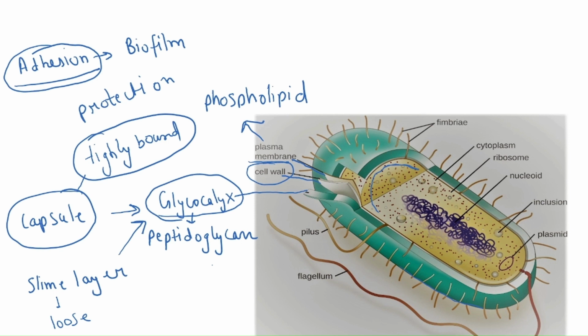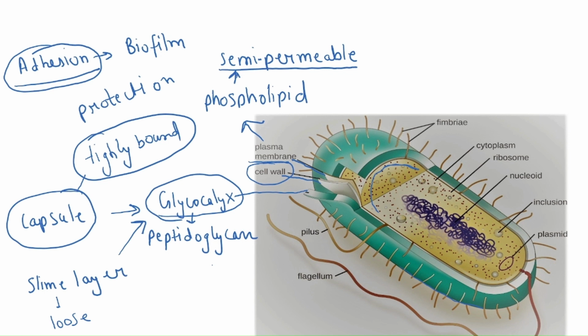The plasma membrane allows the entry and exit of substances into the cell, and it is semi-permeable in nature. This is very important to note, because it allows the entry and exit of only some particular substances into the cell.